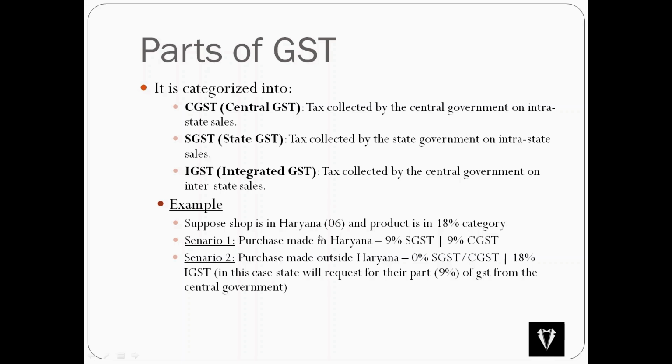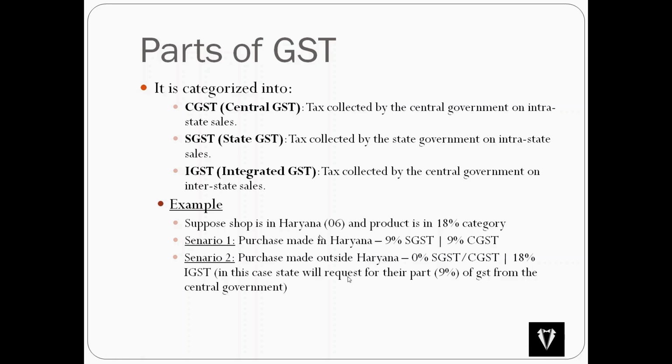So let's say scenario one is, Anisha Goenka, can you tell your state, or Rahul, can you tell your state? Bihar. Okay. Let's say Anisha, you have a business and a shop in Bihar.